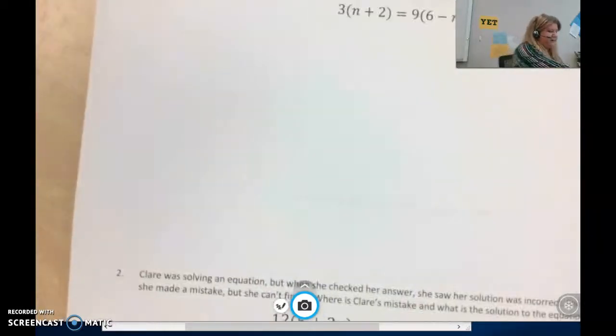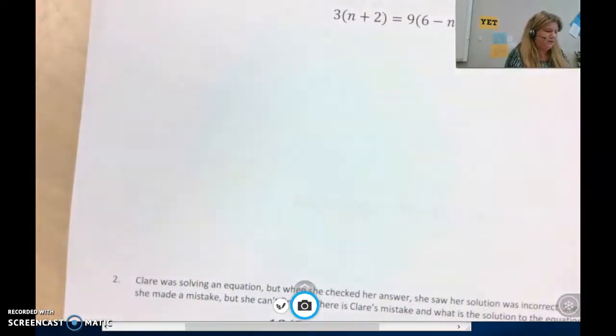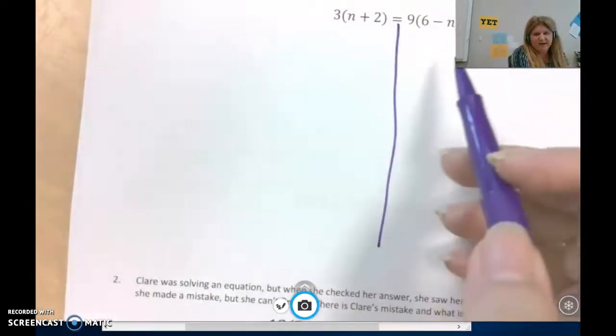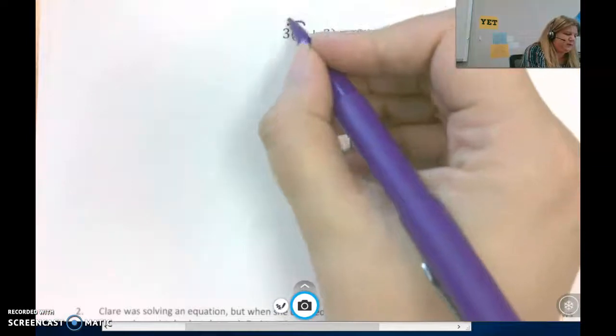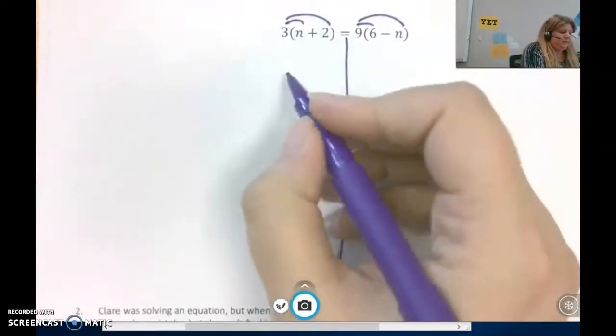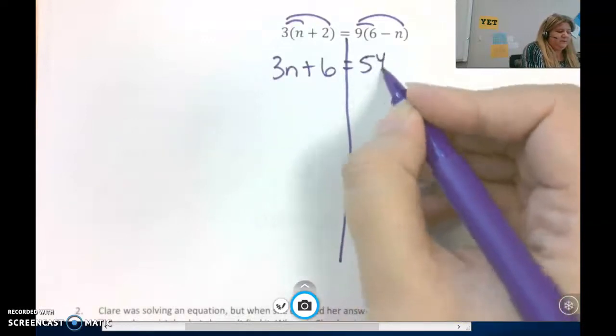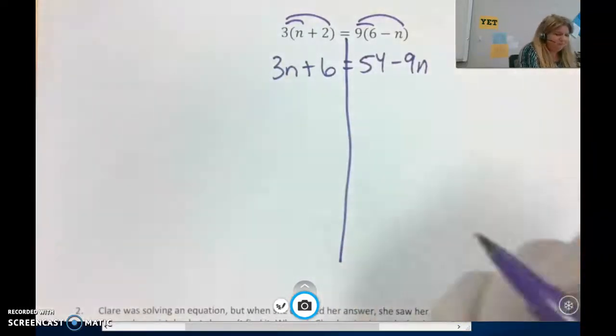Third question. I have quite a bit of distributing here. Since it's on both sides, I think what I want to do is just go ahead and distribute and start there. 3n plus 6 equals 54 minus 9n.